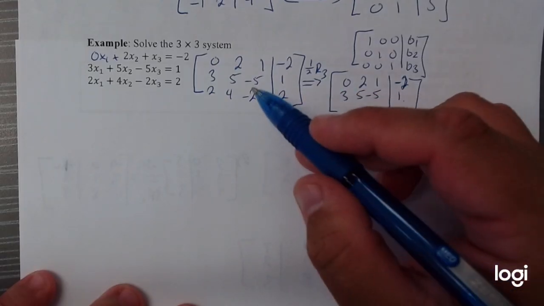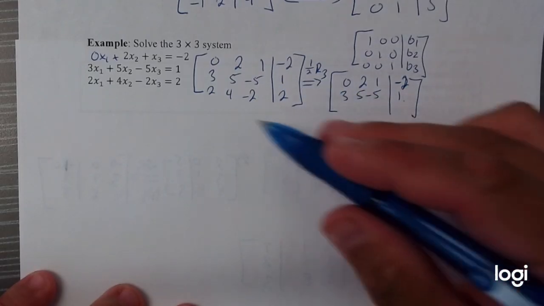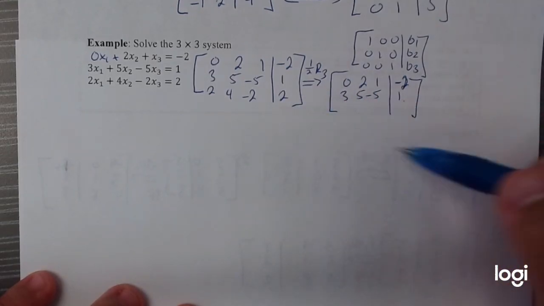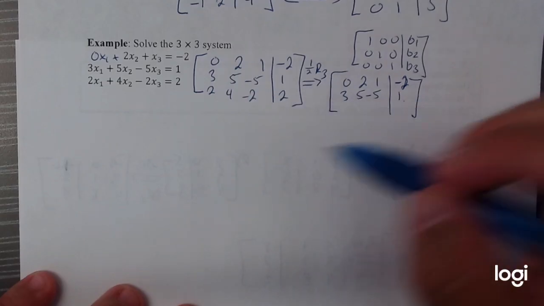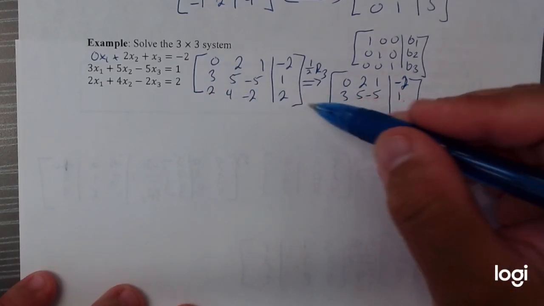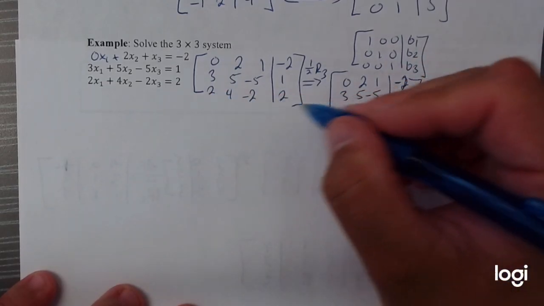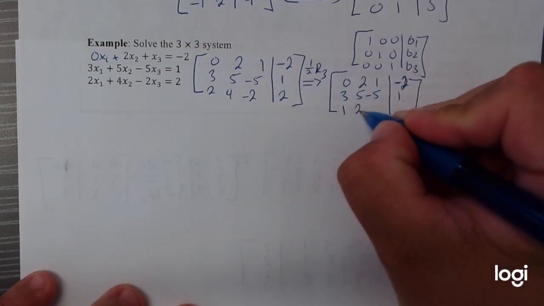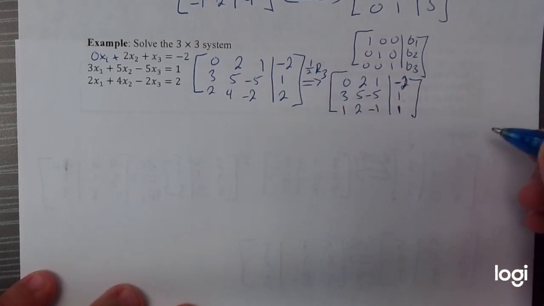There's multiple ways to start from here to here. And remember, it's pure algebra, right? Whenever there's a proof for pre-algebra, there's many ways to start. So you don't have to follow this process here. So if I divide everything by 2 in row 3, I get 1, 2, -1, and then 1.